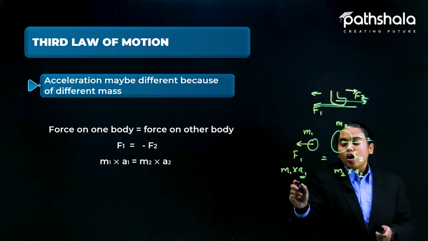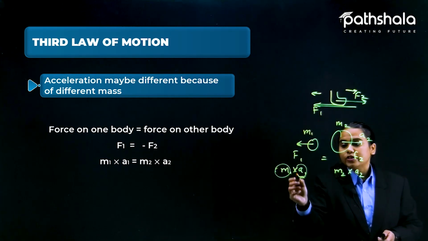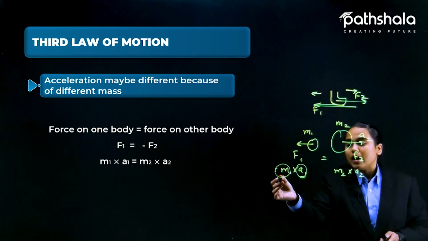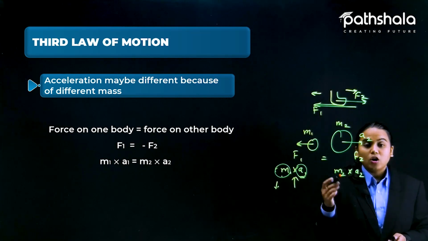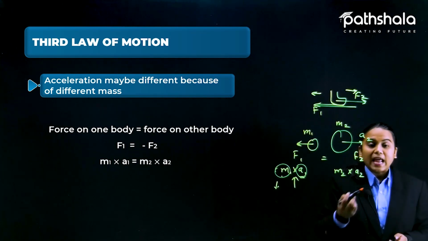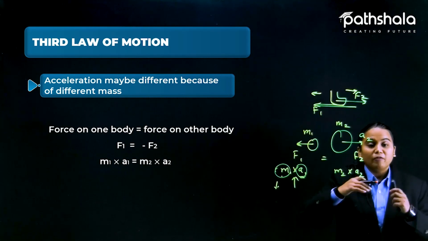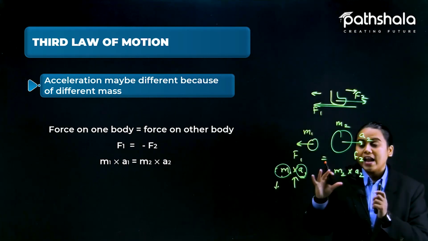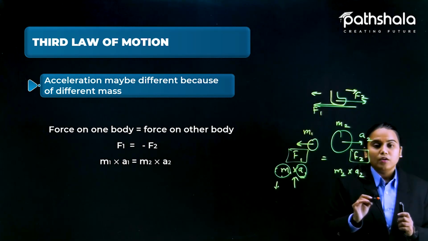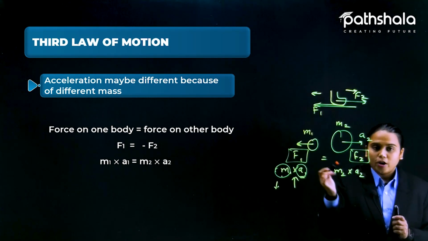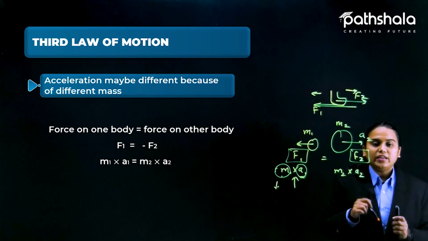So according to the mass, the acceleration value would work. If the mass is less, the acceleration will be more, because it would be lightweight and a lightweight body would work with more acceleration. And now because we need to keep the force value equal according to the law, it is actually equal.